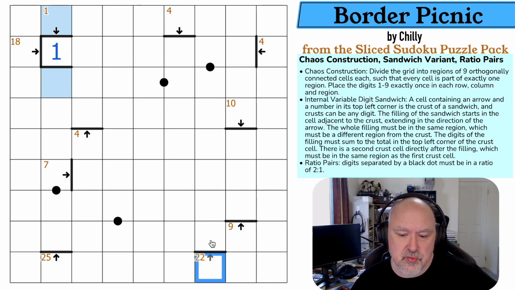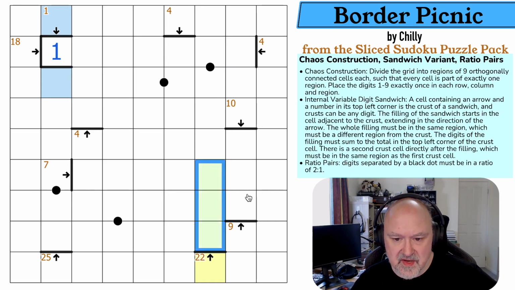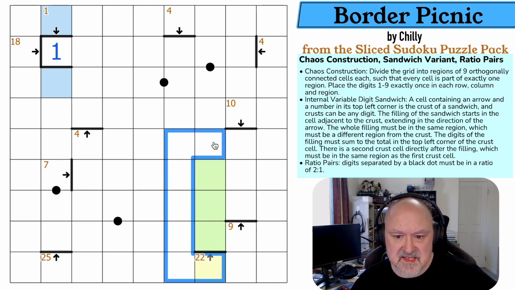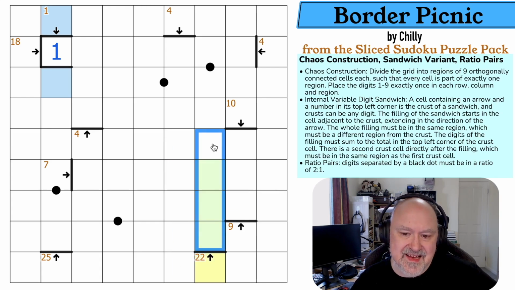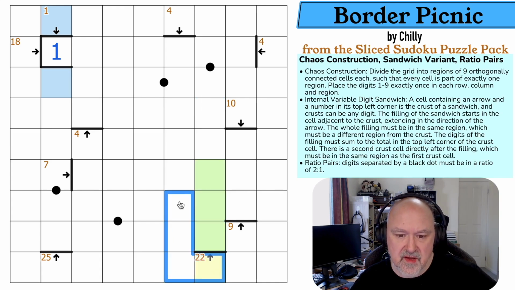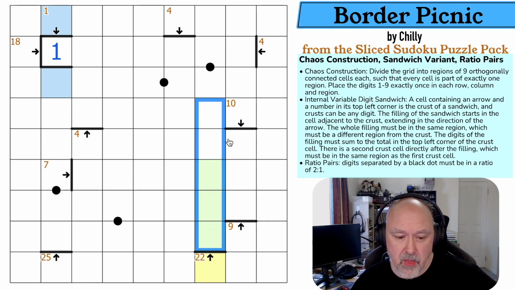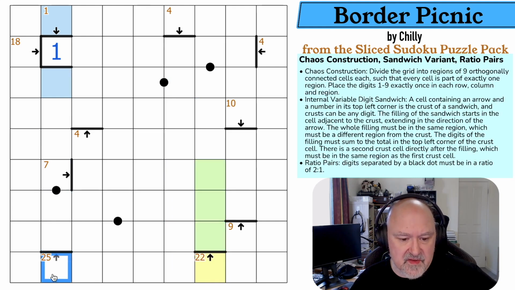A 22 matters though, because this is one color, and then a 22 could only be done in at least 3 cells or more. But 1, 2, 3, 4, 5, 6, 7, this could never be more than 5. Because if this was 5 cells long, oh no, it could be 5 cells long. 25, this is a color, let's call it purple.